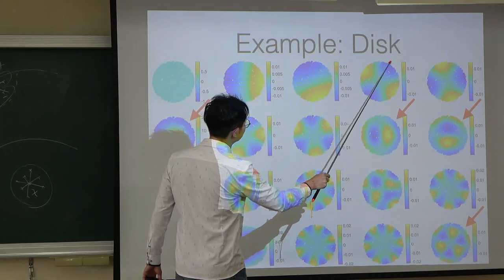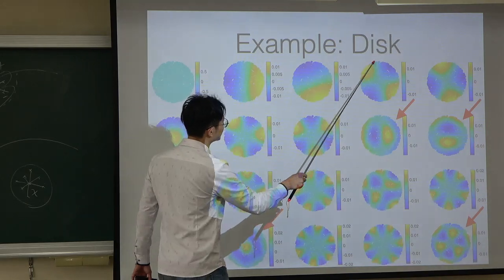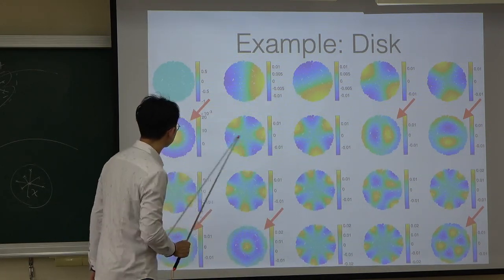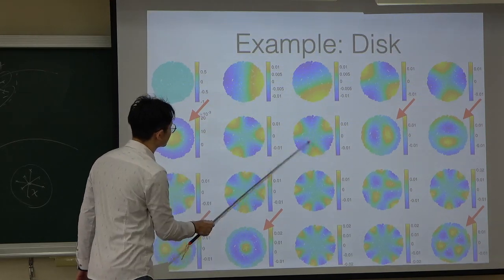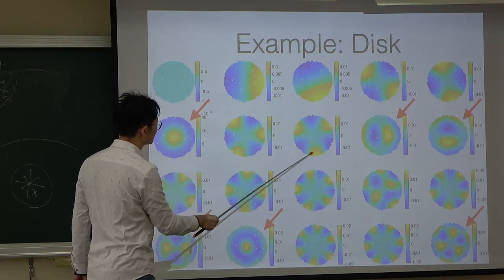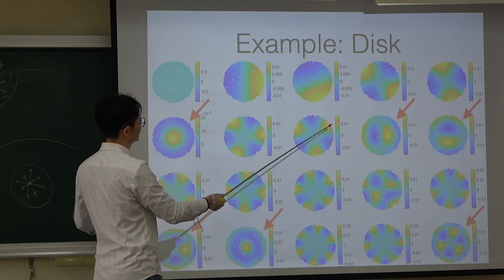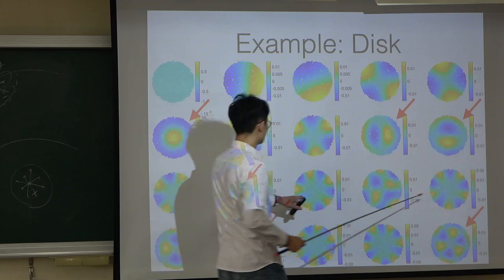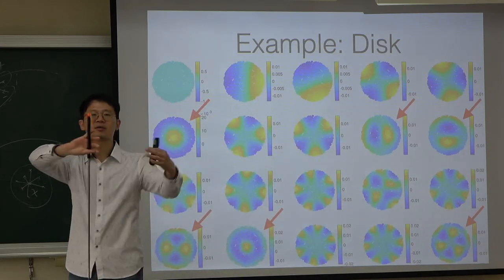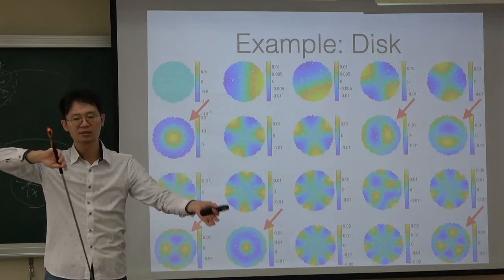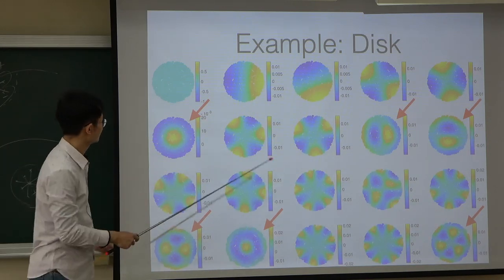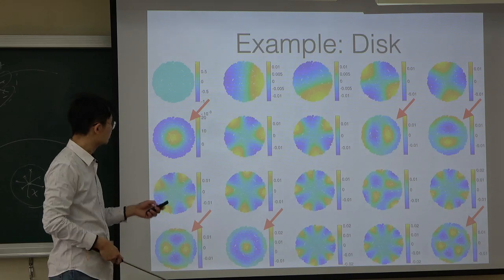If you just focus on the boundary, this looks like a sine, this looks kind of cosine, and this one as well. This is sine 2 theta, and this is sine theta, and so on. So it seems to have some kind of interference between the boundary eigenfunctions and the interior eigenfunctions. Everything is mixed up together, so we do not know too much.